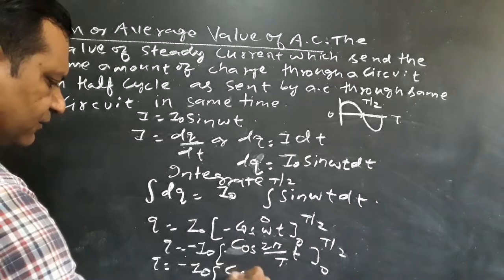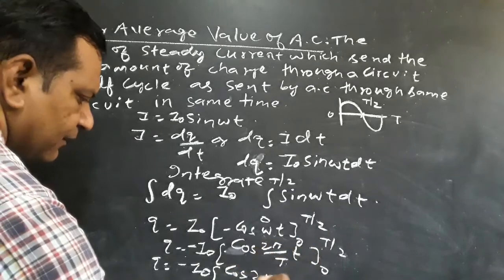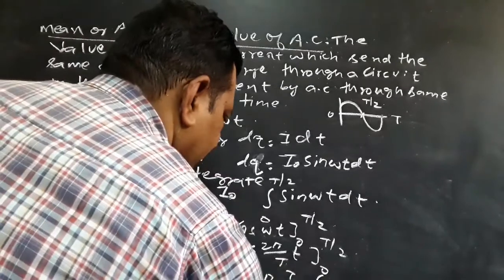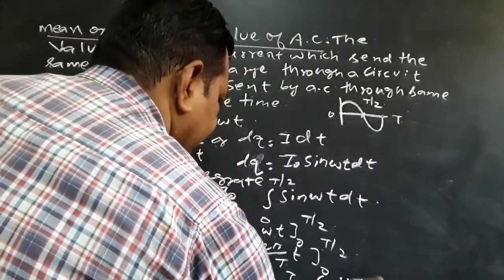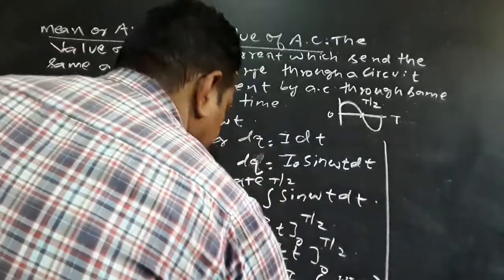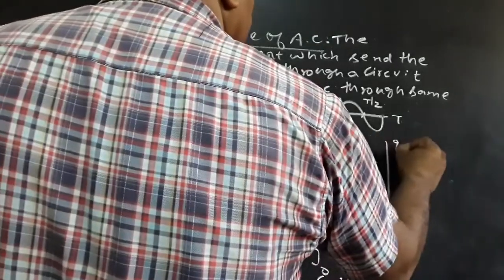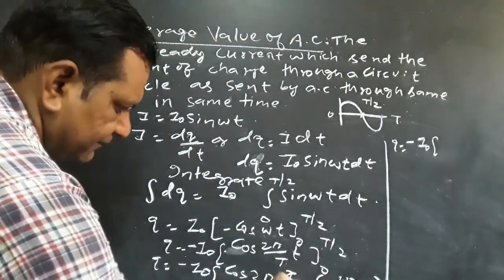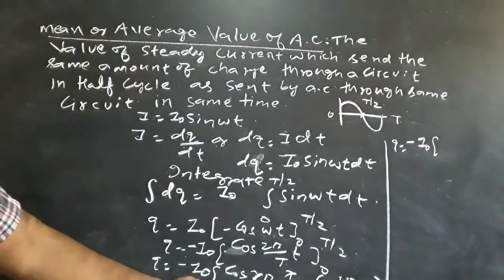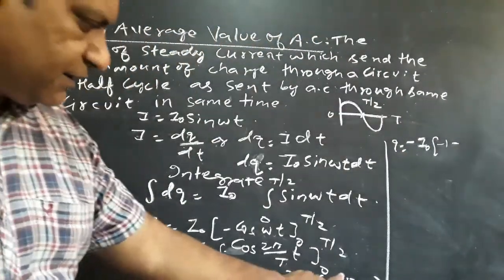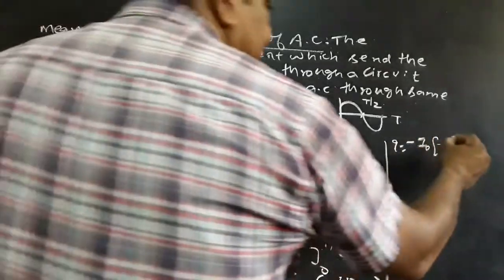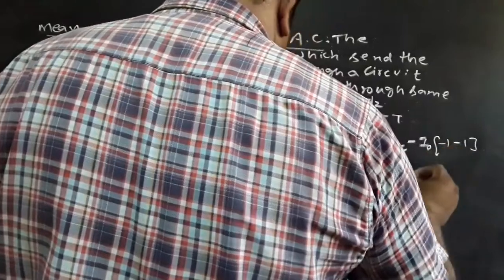Put the value of small t, this is T by 2, minus cos 2 pi upon T into 0. We get Q minus I naught. So cos 180 is minus 1. 2 pi upon T multiplied by 0 will be 0, cos 0 is 1.